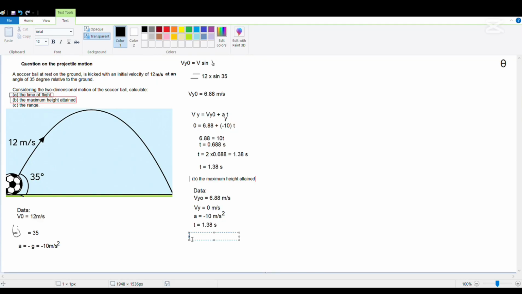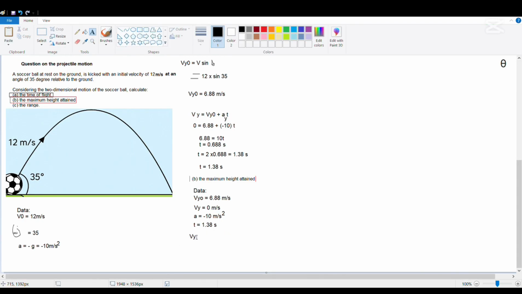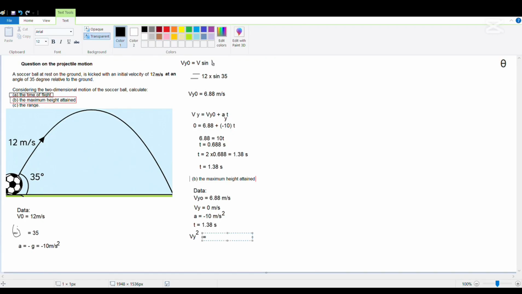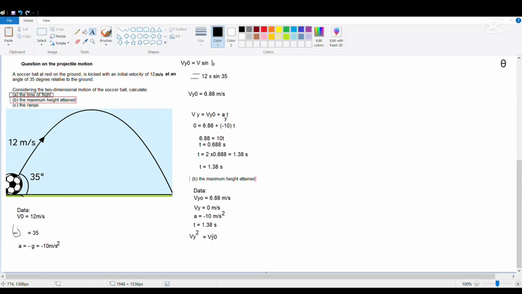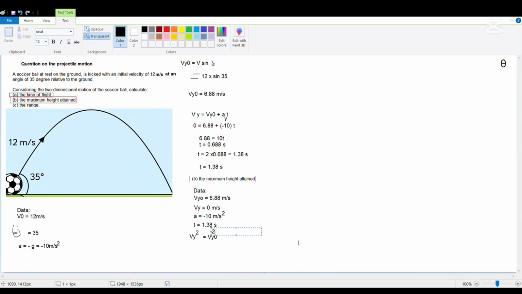If you remember, and if we do the British curriculum, we have vf squared minus vi squared is equal to 2as, something like this. But because we are doing the AP curriculum and things are slightly changed, we say vy squared is equal to vy naught squared plus 2ax or 2as.